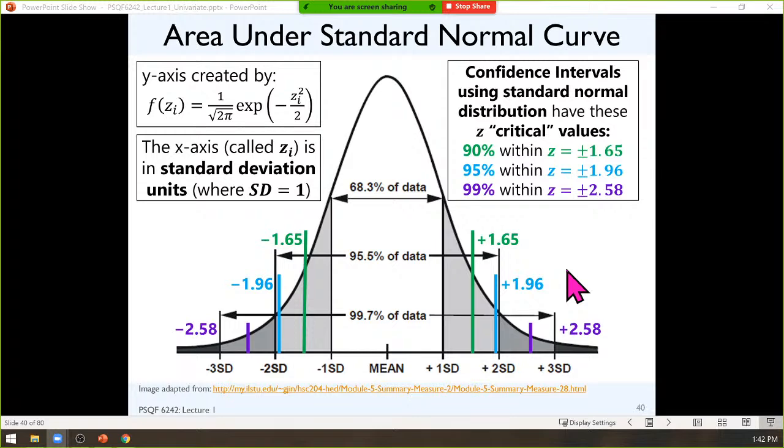But modern software allows you to directly say for any one value of Z what the p-value is that goes with it. This is a term we haven't gotten to yet, but p-value is the probability of observing a result that is more extreme than that point. So what purple means here, the 2.58, is that we would expect to find a result more extreme than 2.58 this way or that way less than 1% of the time.